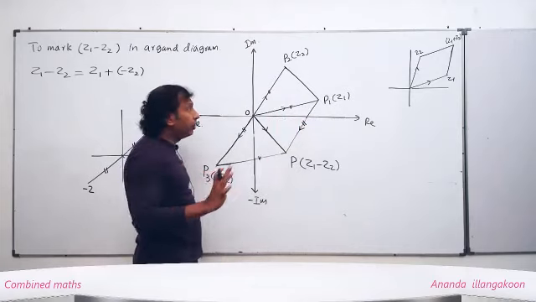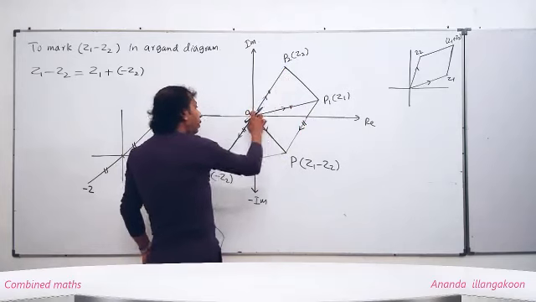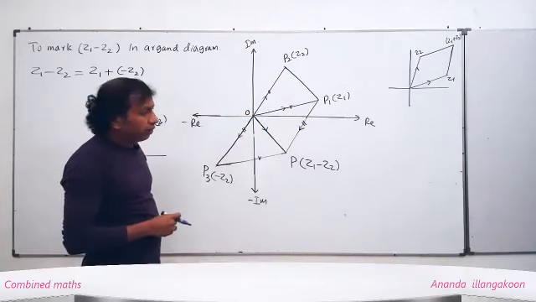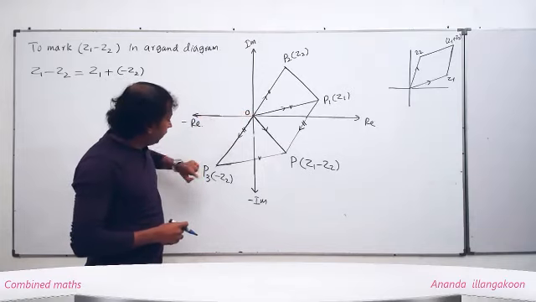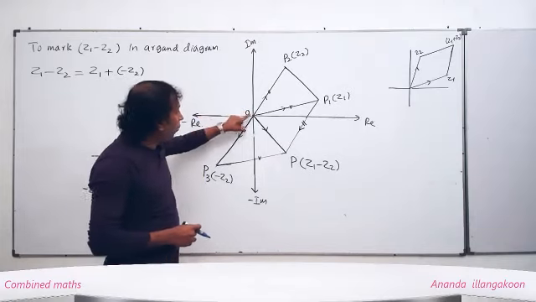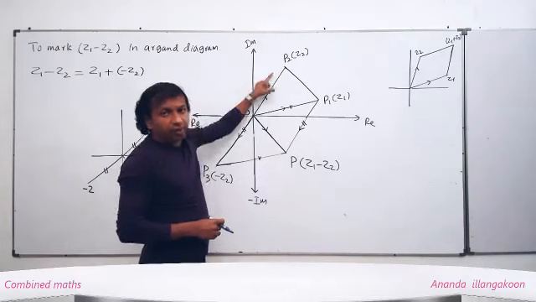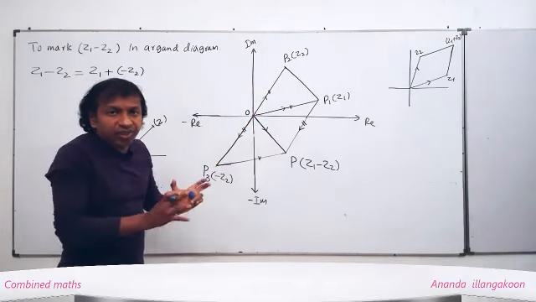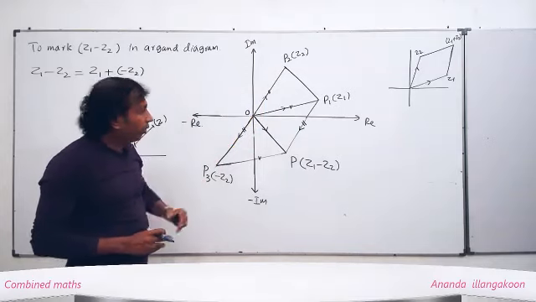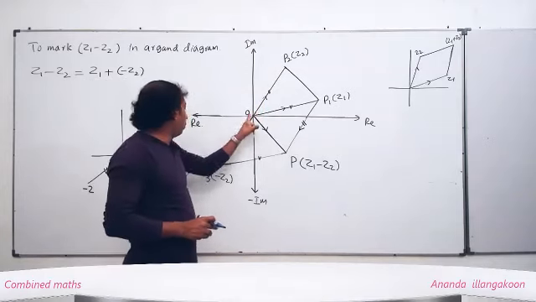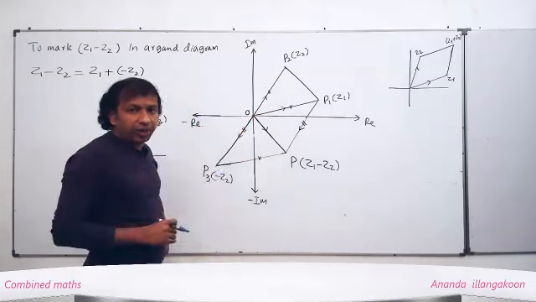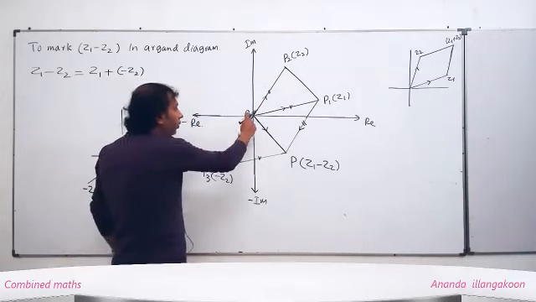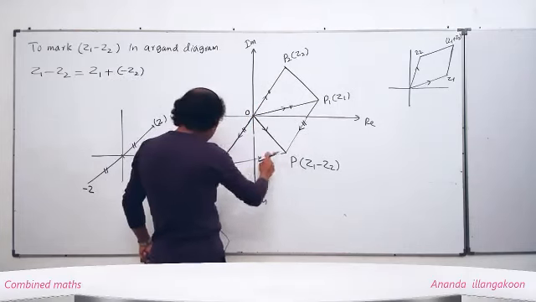Why? OP2 and OP3 are the same line, therefore parallel. Don't consider the order of letters I am reading here. OP2 and OP3, same line, therefore parallel. And this is the parallelogram O, P1, P, P3.